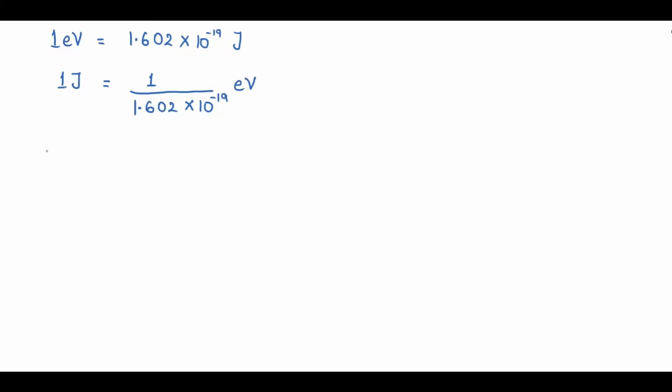Now we'll put the value. So 4.969 × 10^-19 joule equals, definitely, 4.969 × 10^-19 into 1 joule. Now put the value of 1 joule over here.